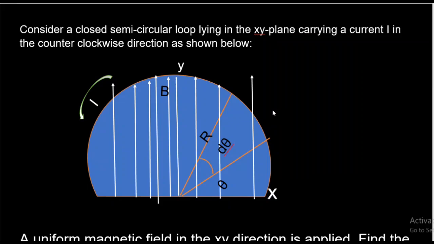Hi, in this video we shall solve a problem on magnetic force on a semicircular loop. The question says, consider a closed semicircular loop lying in the XY plane, carrying a current I counterclockwise as shown.